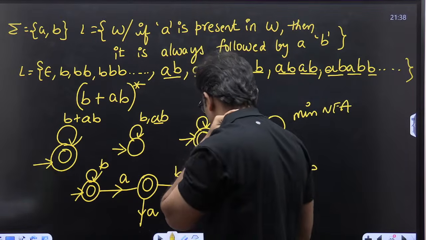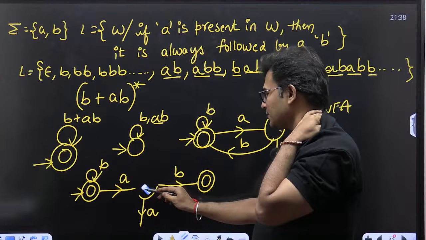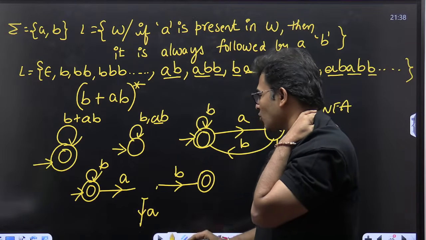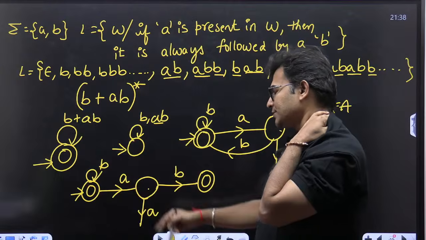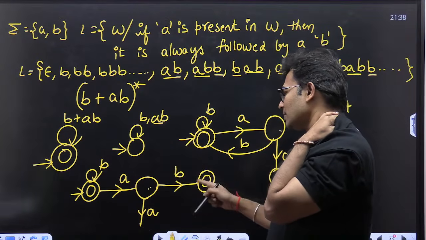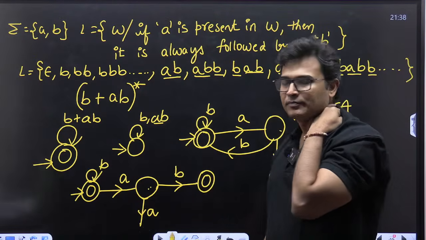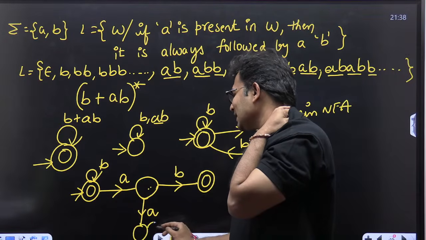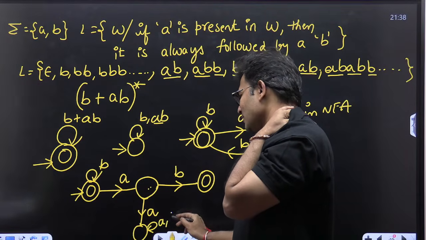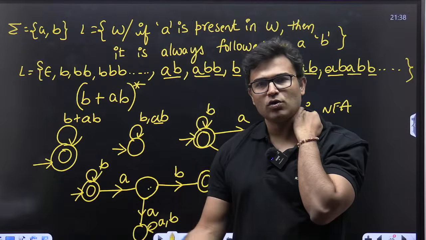So here A will not be accepted because A has to be followed by a B, then only I will accept it. Single A is not accepted. If A is followed by a B, I will accept it. If A is followed by an A, I will kill it.